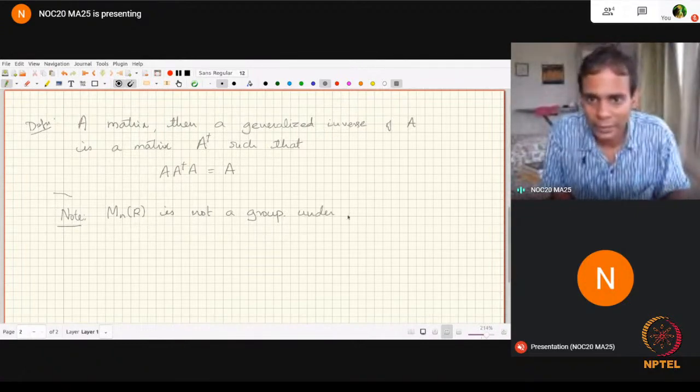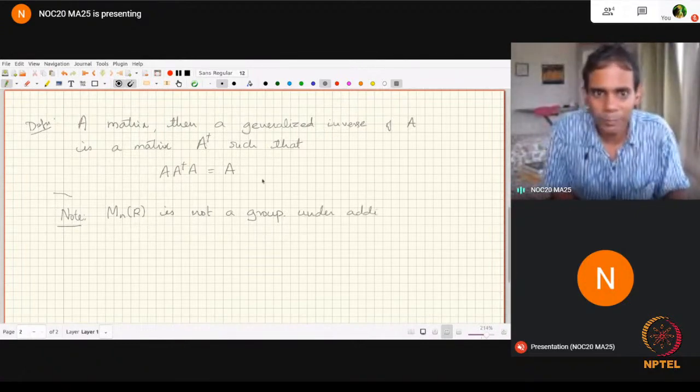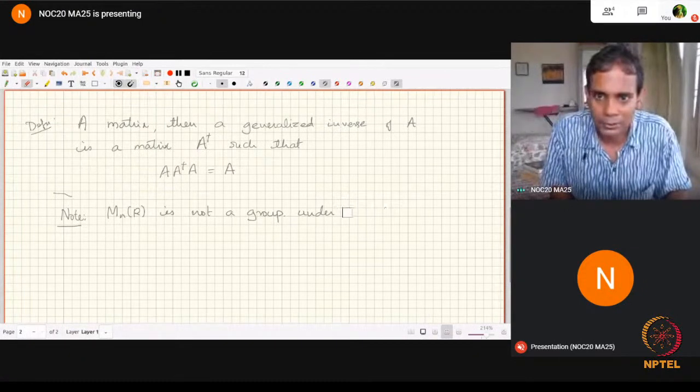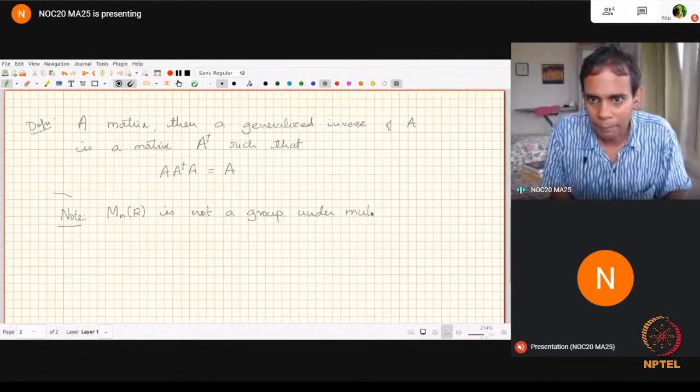Of course, it's a group under addition, but here the operation that we're using is matrix multiplication. So it's not a group under matrix multiplication. And the reason is, of course, that not all matrices have inverses.